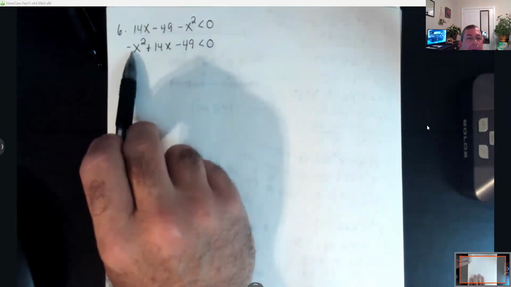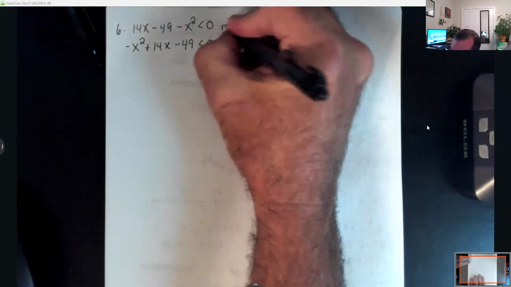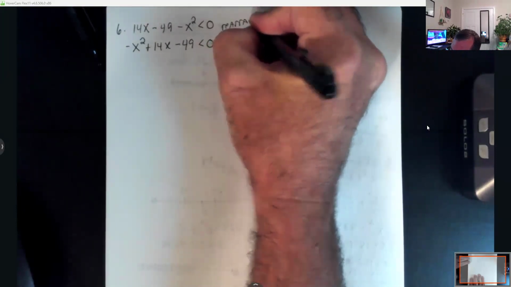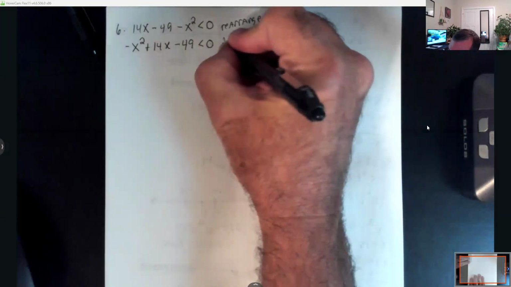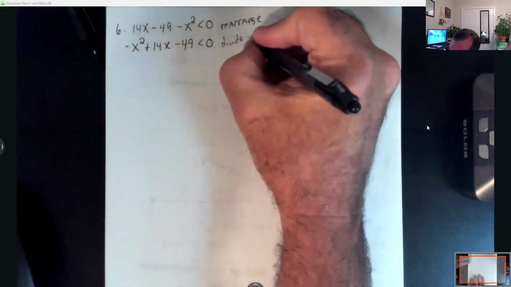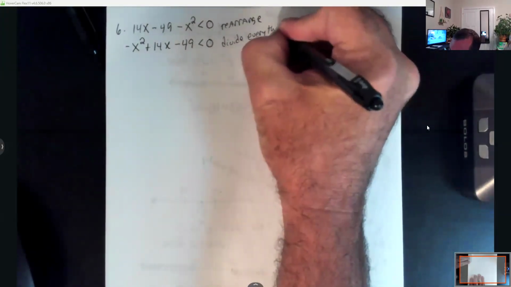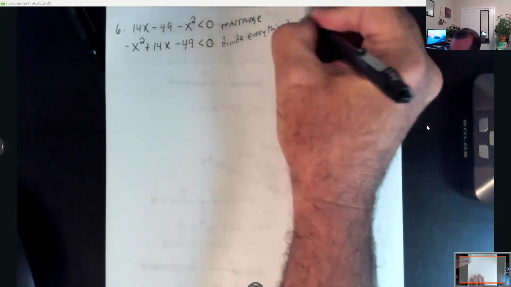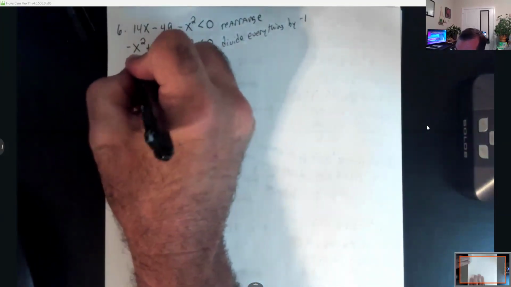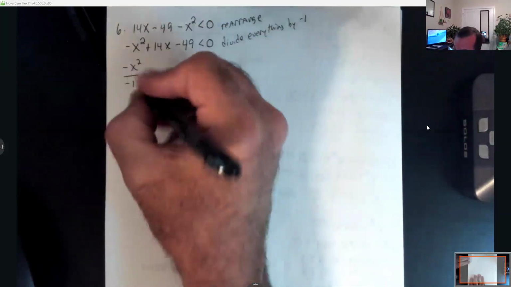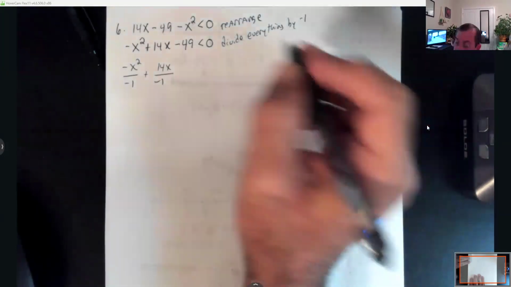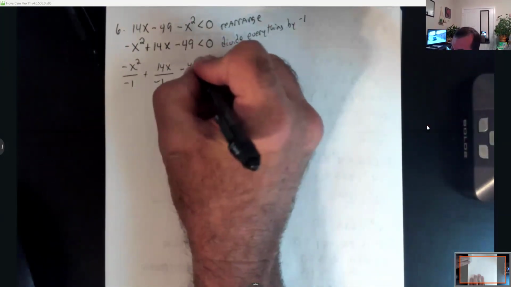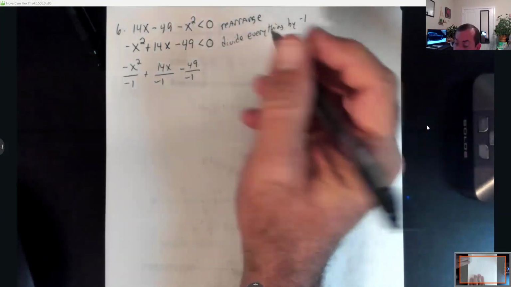Oh, now look what happens, y'all. So the first step I did, rearrange. But we don't like that negative there. So we're going to divide everybody by -1. So negative x squared divided by -1, plus our 14x divided by -1, minus that 49 divided by -1.